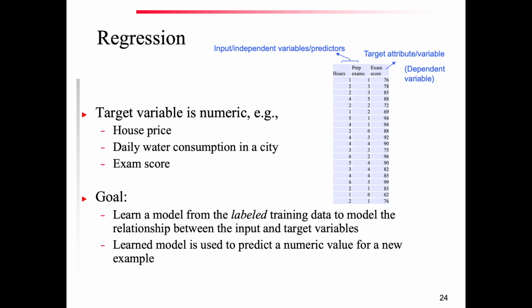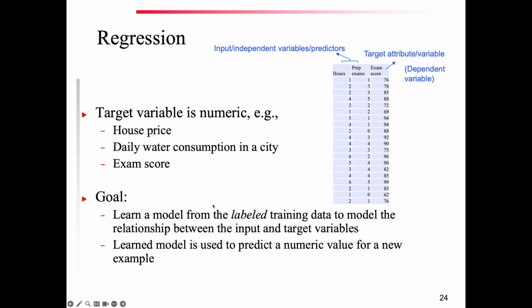Regression. So one difference with classification here is that our target variable is a number. So it's continuous. It's not a discrete value anymore. For example, house price, if you want to predict daily water consumption, exam score, any numerical value.